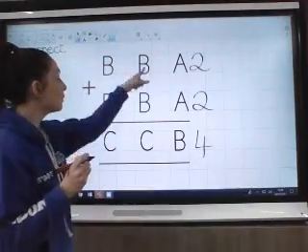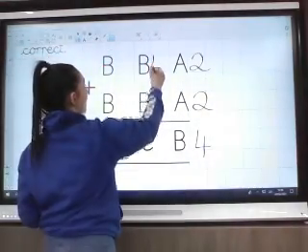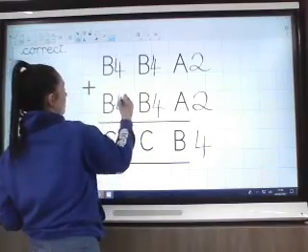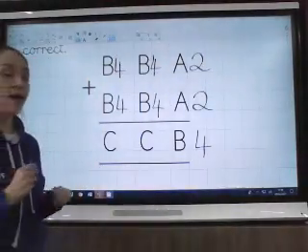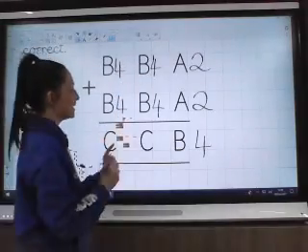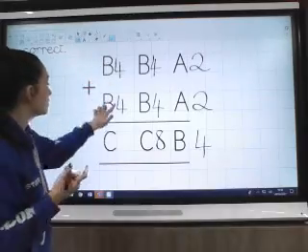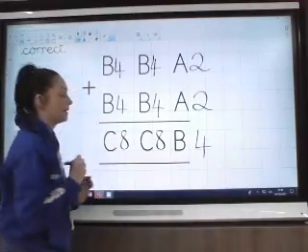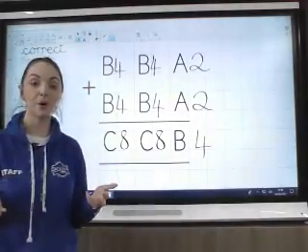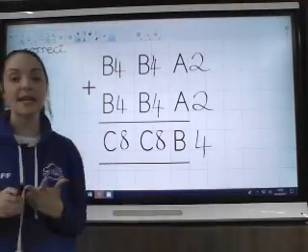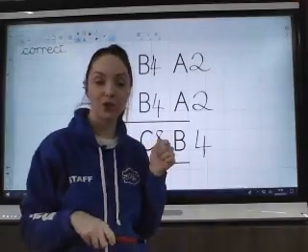So if B is 4, then that's got to be 4, that's got to be 4, that's got to be 4, and that's got to be 4. 4 add 4 then is 8. So that would make C 8. And then does it work here? Yes. Okay, so luckily it worked. So A is 2, B is 4, and C is 8 in my question.